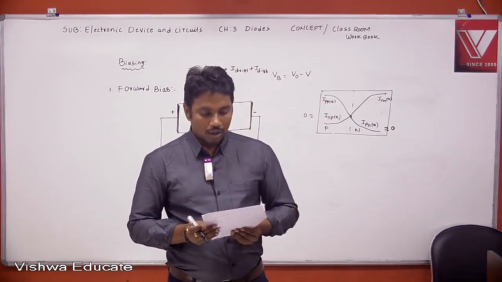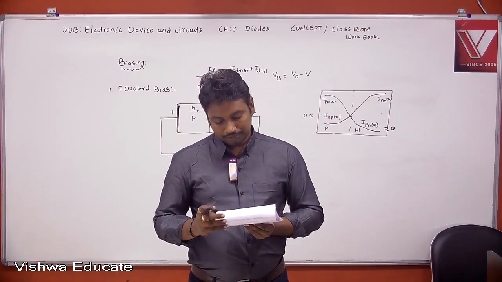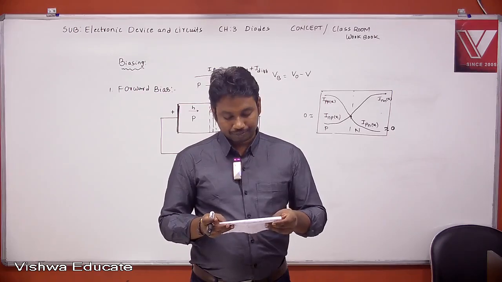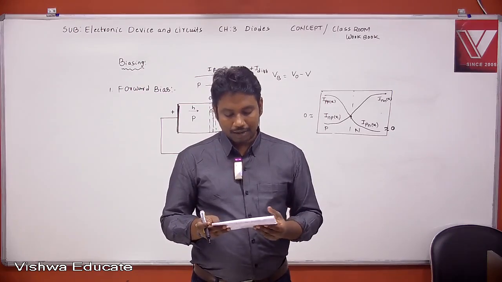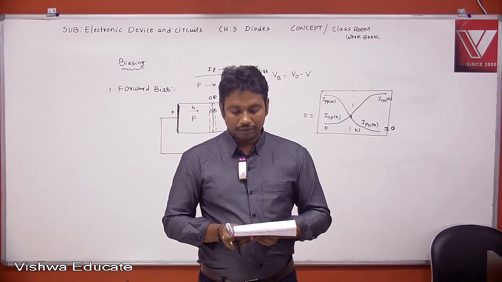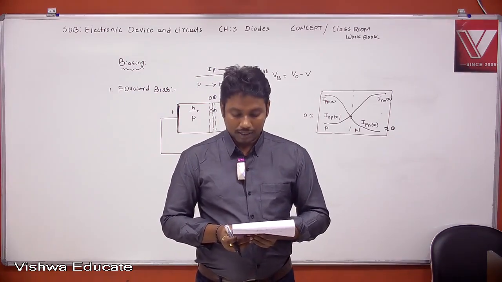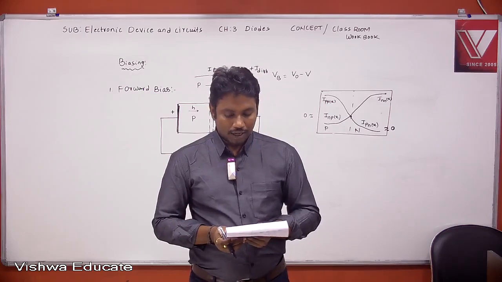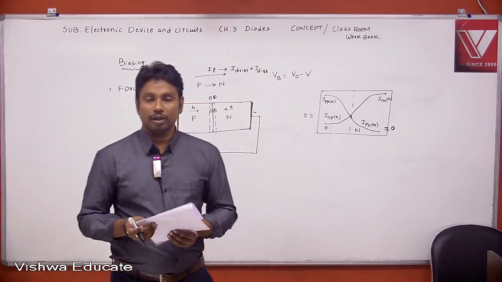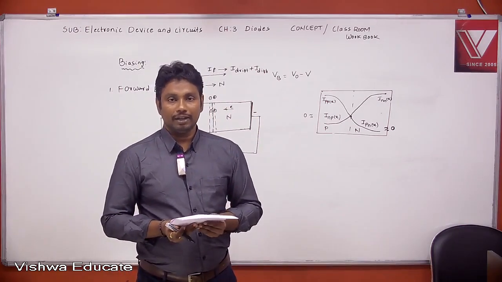Next, option D: extraction and subsequent drift and recombination of the minority carriers.